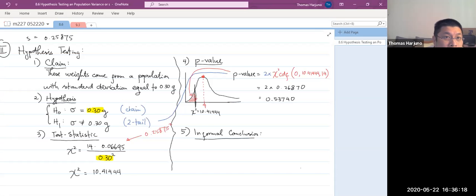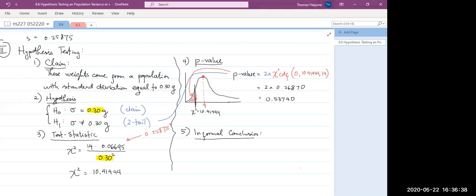If we need to construct a confidence interval for population variance or population standard deviation, then for the critical value, we use that inverse chi-square.